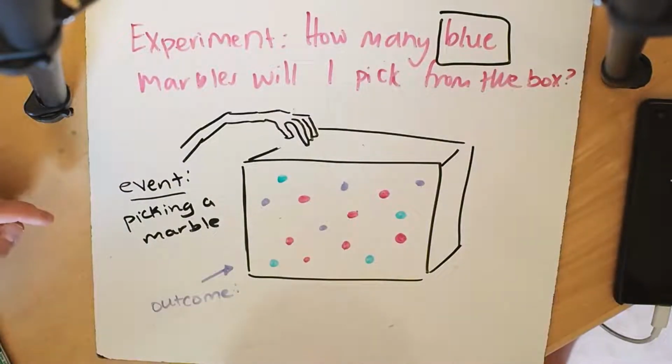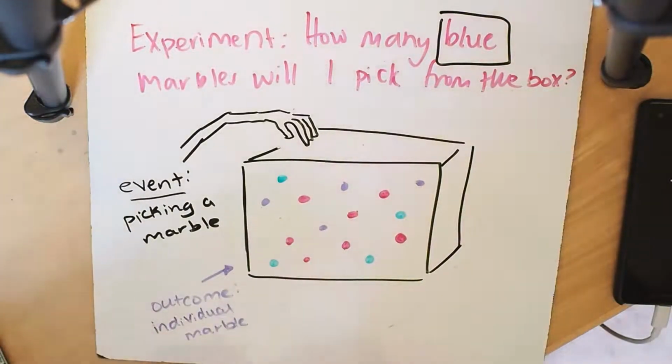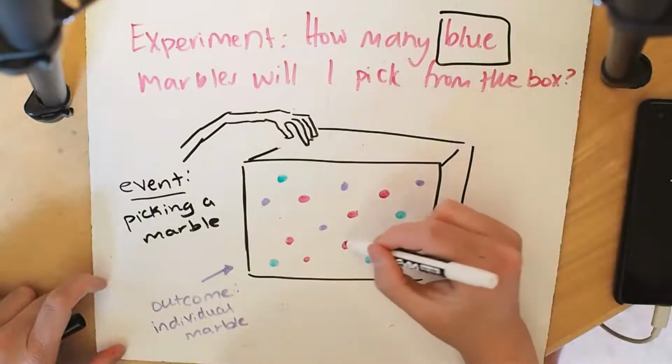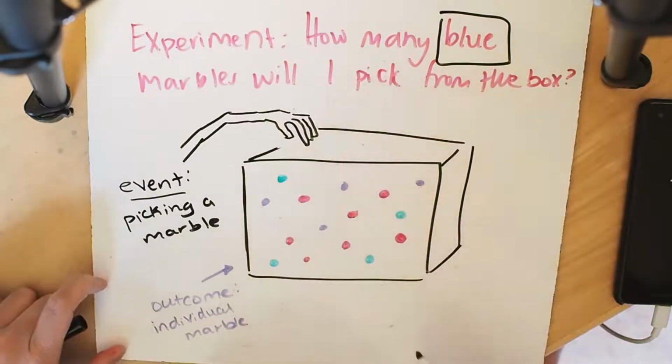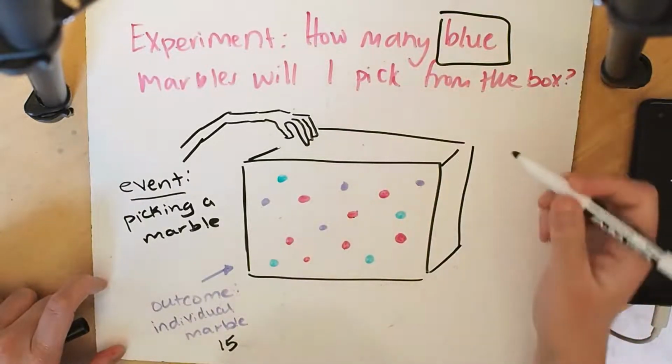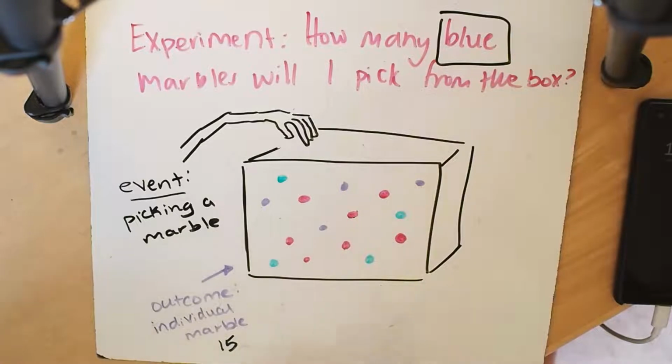When the event is picking a marble, well, obviously the outcome that you get will be the marble that you choose. So looking at this, every one of these marbles represents an outcome. How many outcomes are there? Let's count. There are 15 possible outcomes in this experiment. When we're doing our homework, you're going to be asked how many favorable outcomes there are.